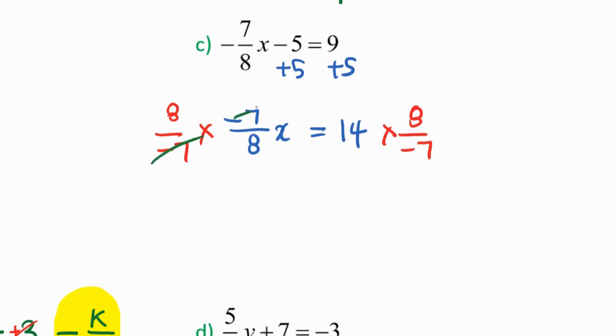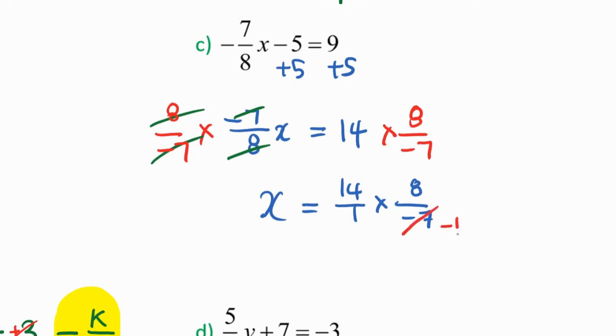Then this becomes 1. X will be isolated. And this is 14 over 1 times 8 over negative 7. So we're going to reduce diagonally. Negative 7 becomes negative 1. 14 becomes 2. Okay, we're dividing both numbers by 7.